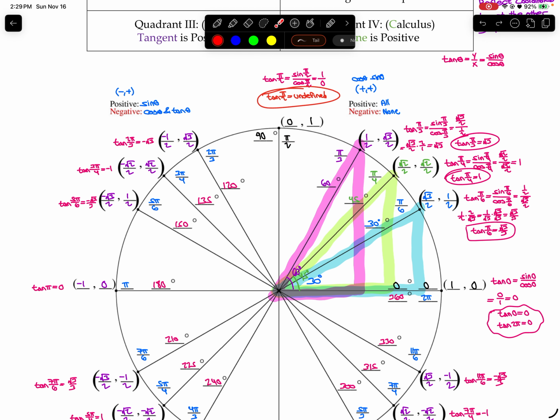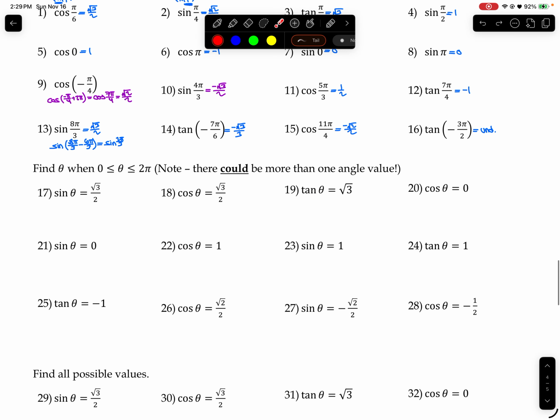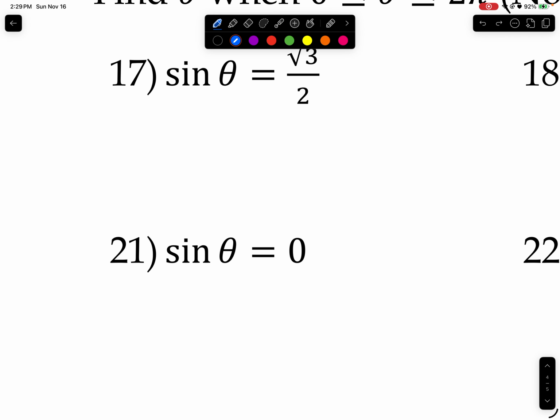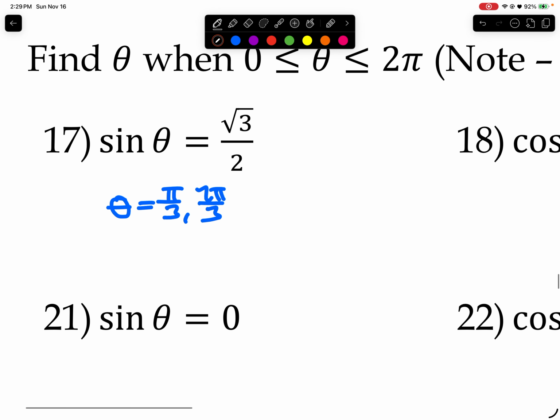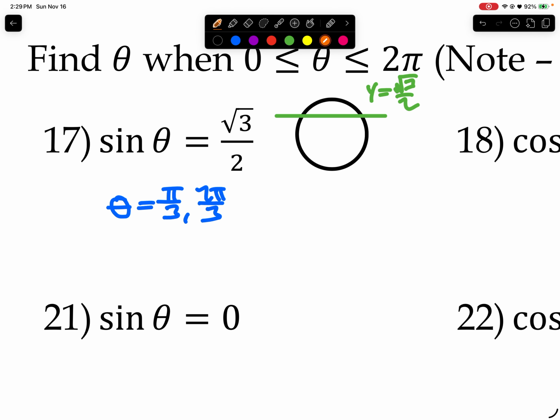So that's what I mean by we can have multiple values. So this is going to happen at angles of pi over 3 and 2 pi over 3. So if I draw a little circle, what I mean by this is we're looking to see where the y value is equal to root 3 over 2. And that happens at two places, which is pi over 3 and 2 pi over 3.